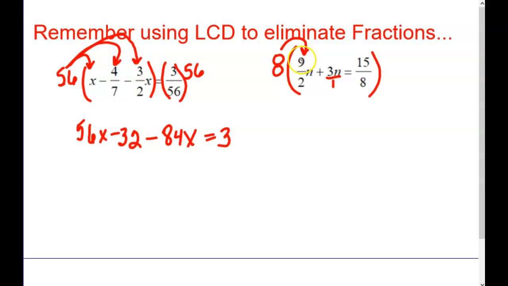So 8 times 9 divided by 2 would be 36, and that would have an n right here. 8 times 3n would be 24n. And over here, 8 times 15 divided by 8 would be 15. So we got rid of all the fractions by multiplying by the common denominator.